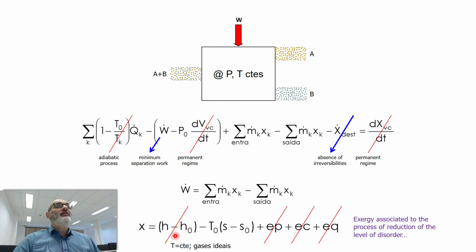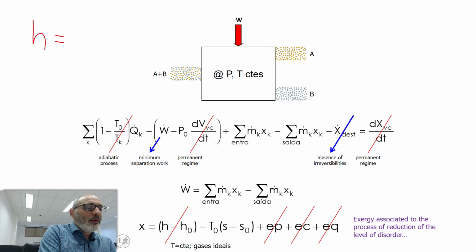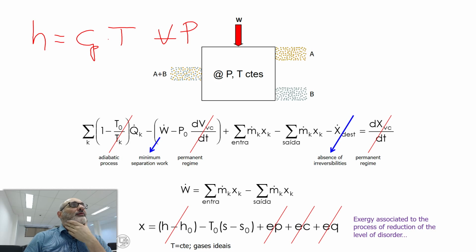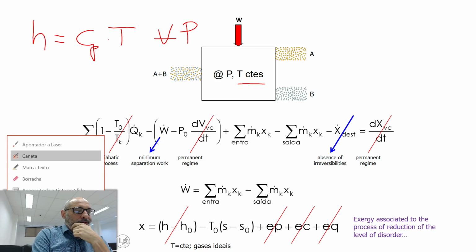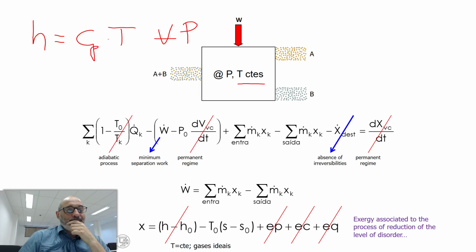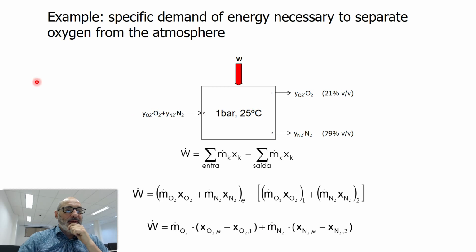There will be no enthalpy variation throughout the process because for an ideal gas, enthalpy depends only on temperature, okay? If the gas is ideal, you can write H equals Cp times temperature, no matter what pressure. It's independent from pressure, okay? So, since our temperature is constant, our enthalpy terms will cancel out each other, okay? Because the temperature is constant, okay?